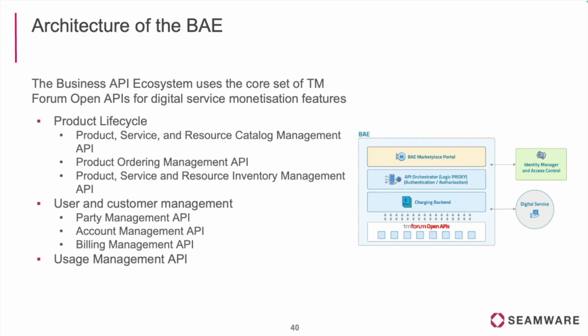For user management, this is integrated with the party management API and the account management API, as well as customer bill management API. And finally, this is integrated with the usage management API in order to support pay-per-use models. As we have discussed, one of the simple models that can be part of a product price component is pay-per-use. If you have something that is pay-per-use, you need usage information in order to be able to calculate the amount to be paid.